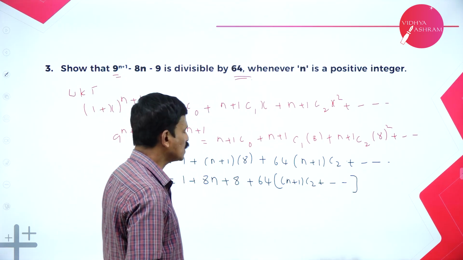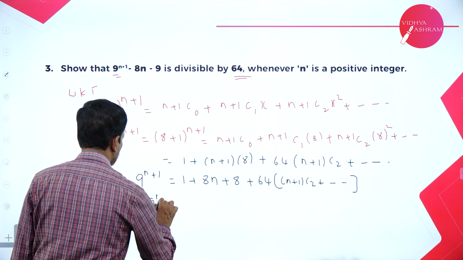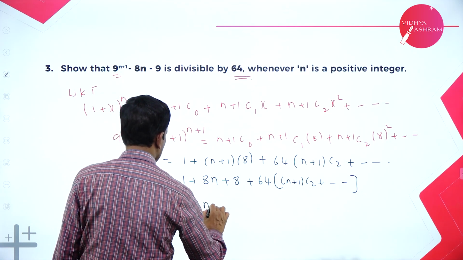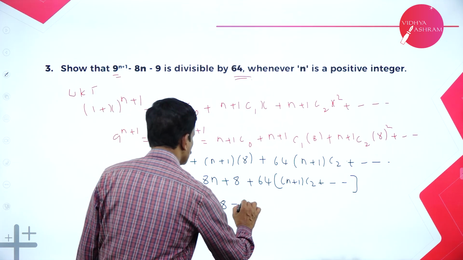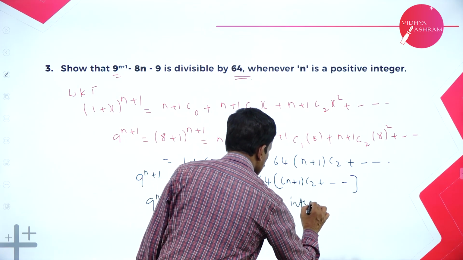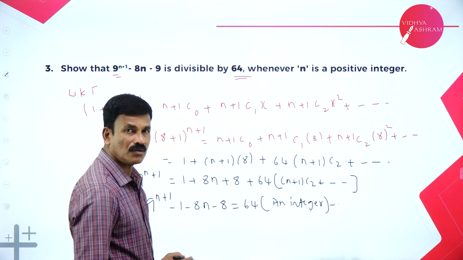Now this can be written as: 9^(n+1) minus 1 minus 8n minus 8 is equal to 64 into an integer. Okay. Now what is this equal to?